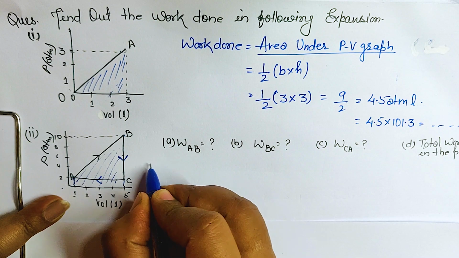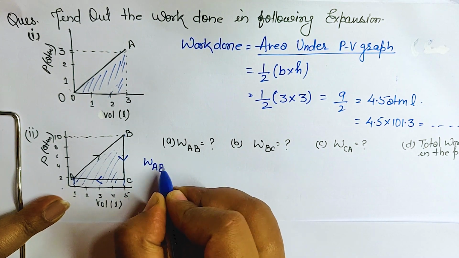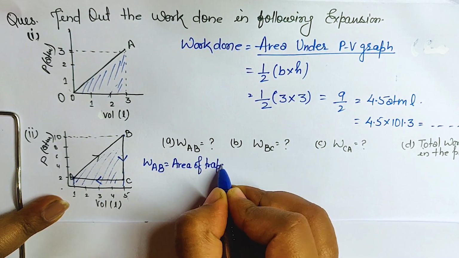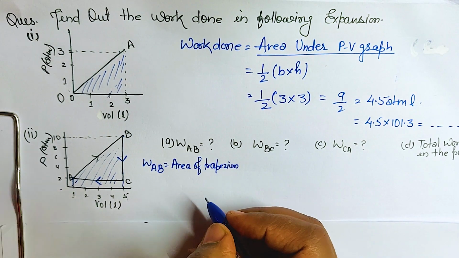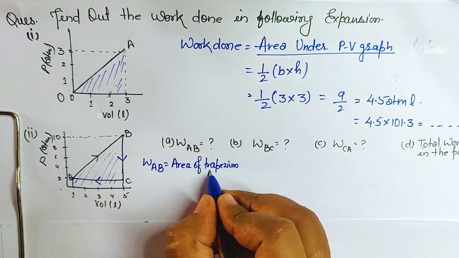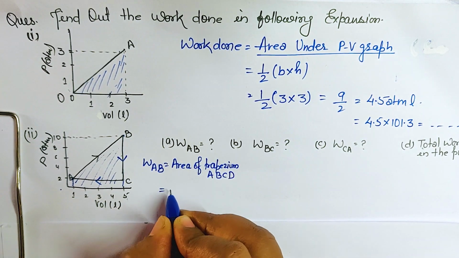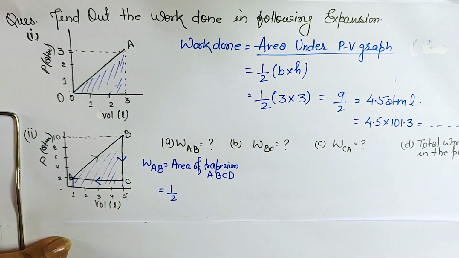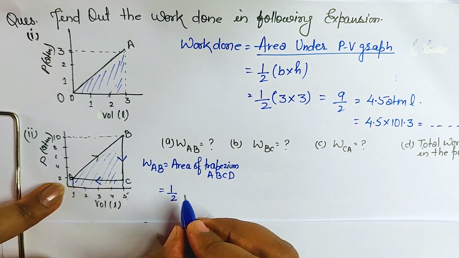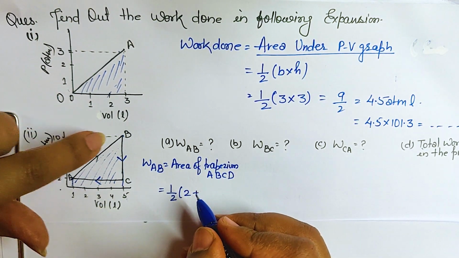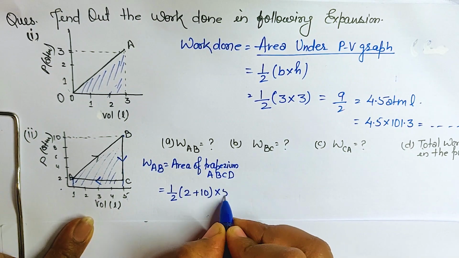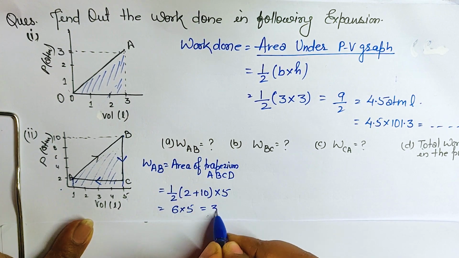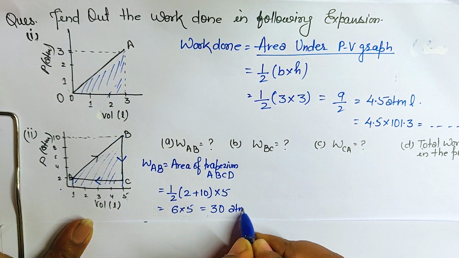So the work AB will be equal to the area of the trapezium ABCD, isn't it? The formula you know is half into sum of the parallel sides into the base. The sum of the sides is 2 plus 10, and the base is 5. So it will be 12 into 5, 30 ATM liter.